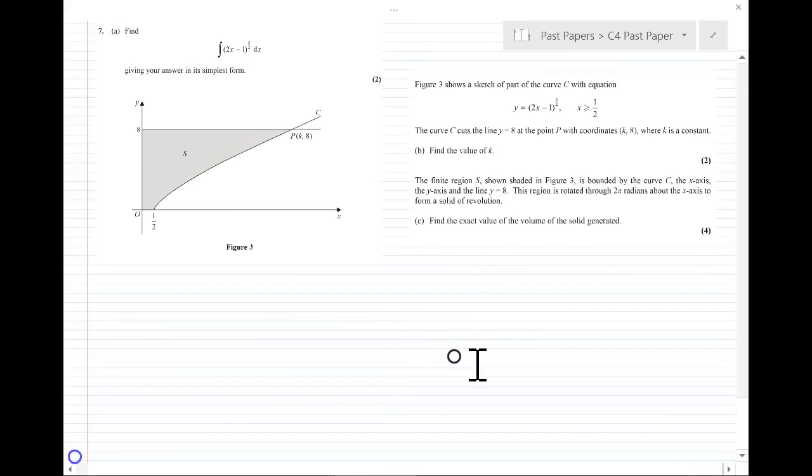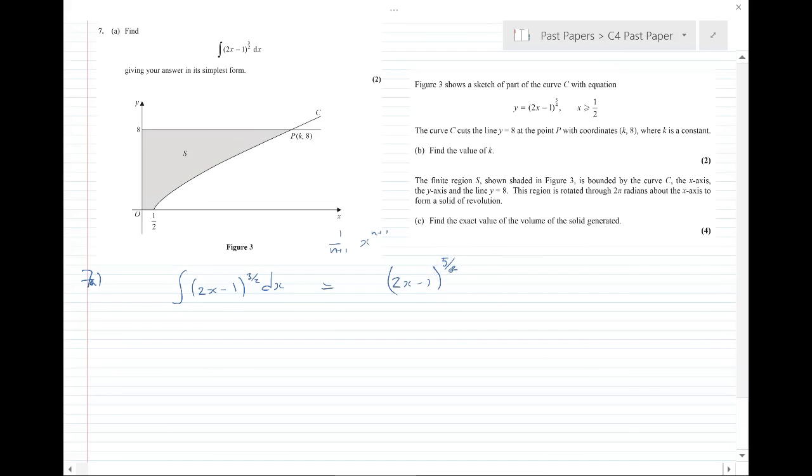Let's look at question 7. So it's more integration for question 7. There's always going to be a lot of integration on C4. A couple of marks, reverse chain rule situation here with this. So this is just using the adding 1 to the power rule. So we add 1 to the power, that's 2x minus 1 to the power of 5 over 2.